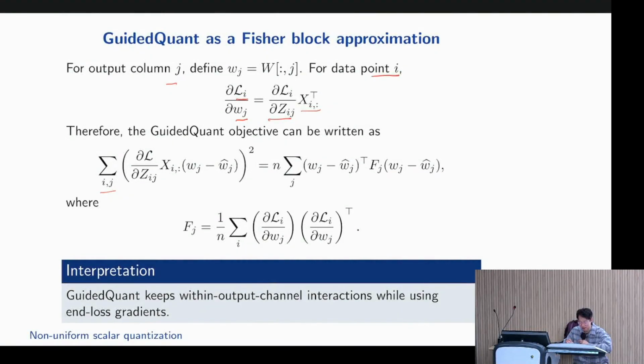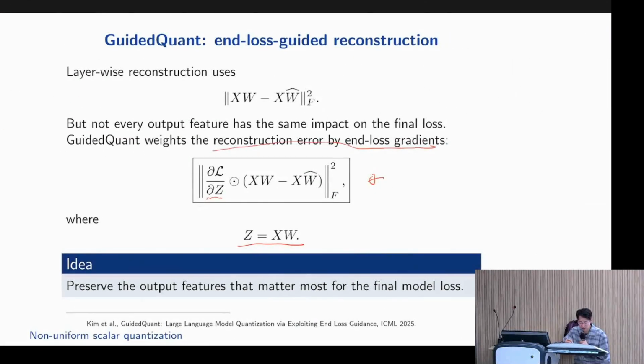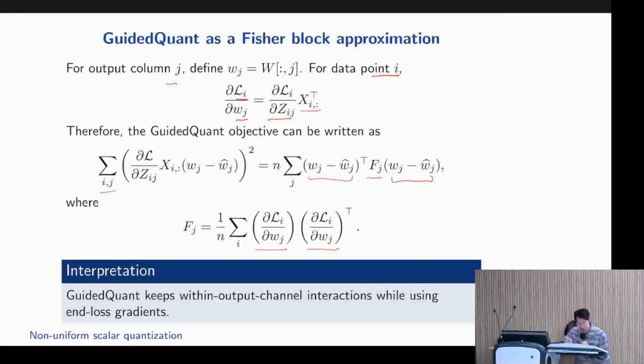After massaging it a little bit, it's basically the difference term times this intermediate block diagonal matrix F, which is dL/dW transpose. So it turns out the difference is that in SqueezeLLM this is a Fisher approximation diagonal matrix. But if you look at the contribution of the weight with respect to the loss, then it turns out you have a block diagonal matrix that's weighting the k-means objective.